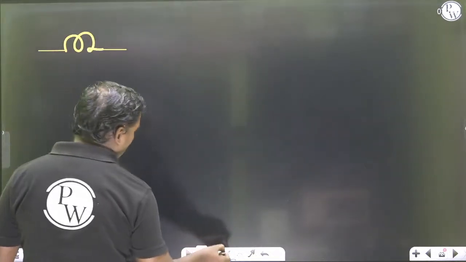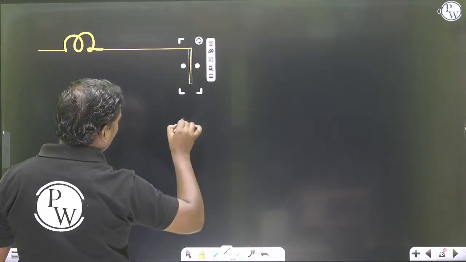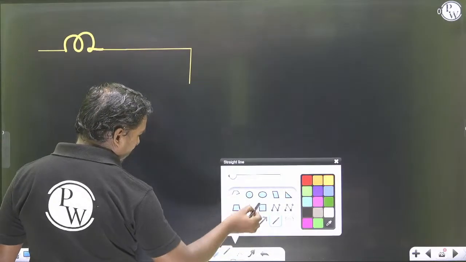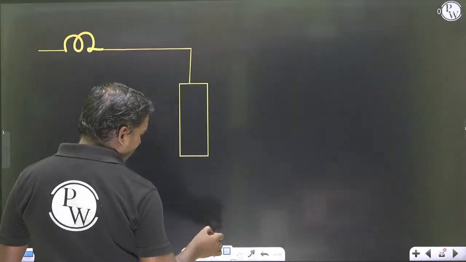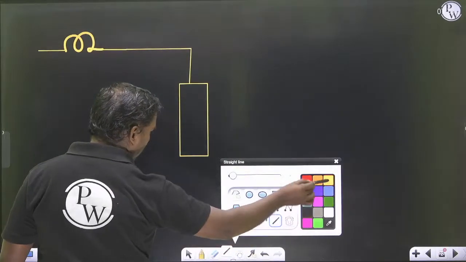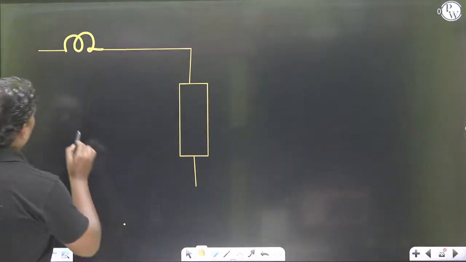This is our load. Next, this is our potential coil or moving coil.